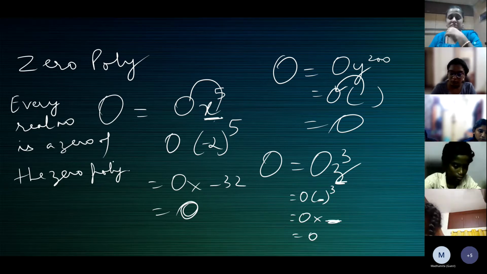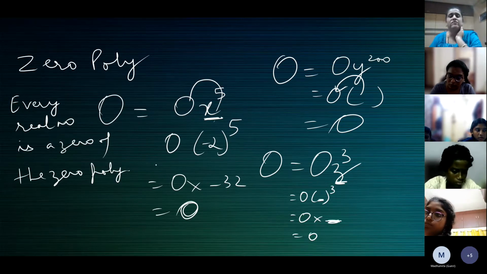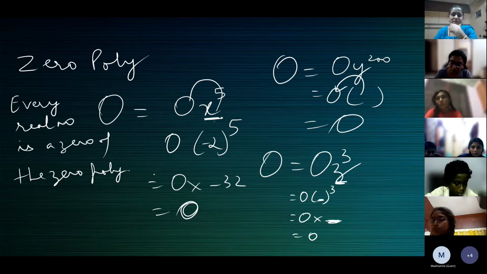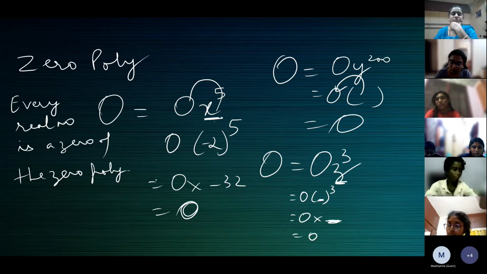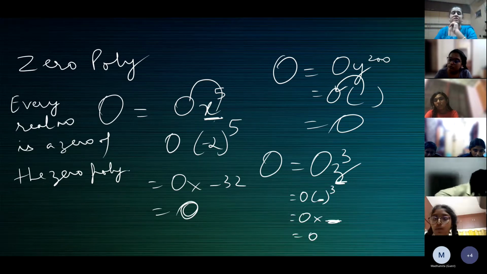Last class, Sanjay and Sindhu were telling me at the end of the session that we'll be learning polynomials only in one variable. Yes, in your syllabus we have polynomials only in one variable x, y, or z. That is what we will be seeing. When you're asked to give examples, you can give examples in many variables.